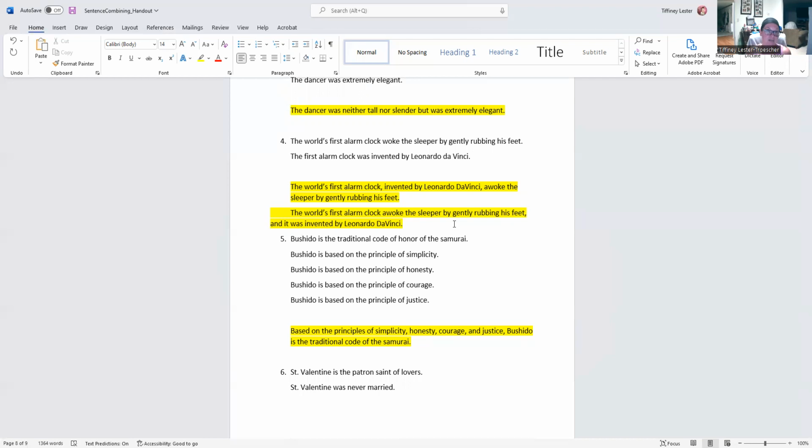So if you are working on combining sentences in your writing and you find yourself doing that, where you just try to connect sentence one to sentence two, stop and look to see if you have created a run-on sentence or comma splice.